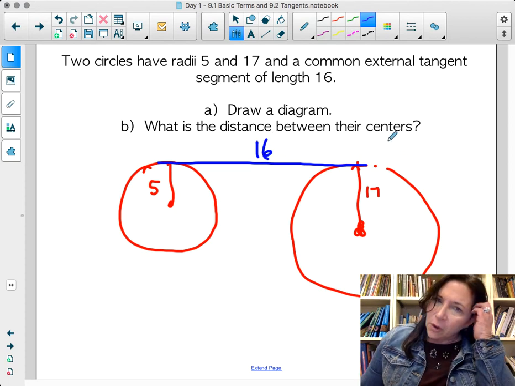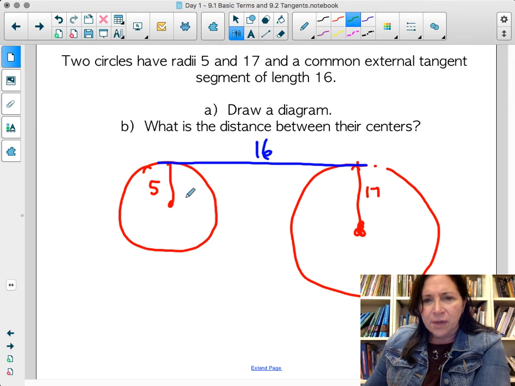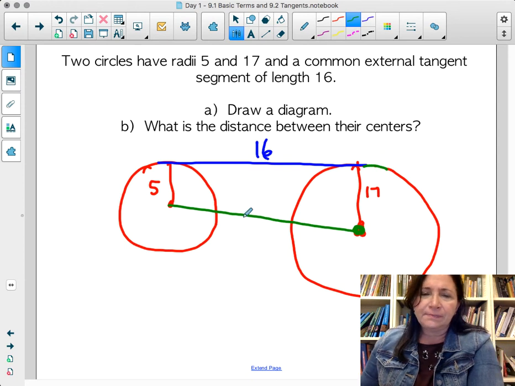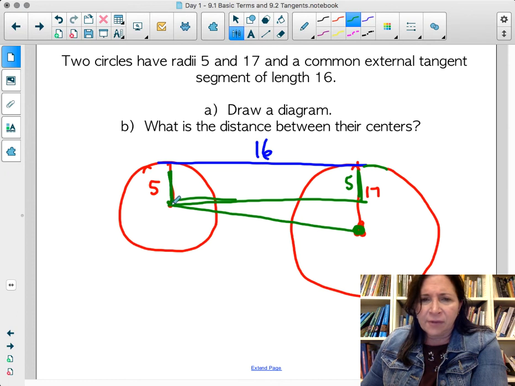All right, so it says, what's the distance between their centers? They want this distance right here. So you're going to try to find out, if I drew this straight across, wouldn't this be 5? That would be 5, and that's 5, right? So 17 minus 5 is 12.